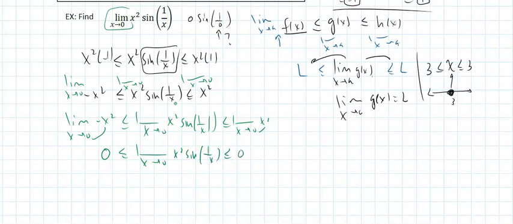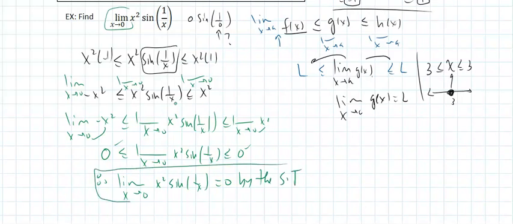And isn't that 0? So what's the conclusion? Therefore, the limit as x approaches 0 of x squared sine of 1 over x, which I do not know, but I am certain it's 0 because it's bounded above and below by that number, by the squeeze theorem. And that's pretty much it for this section.